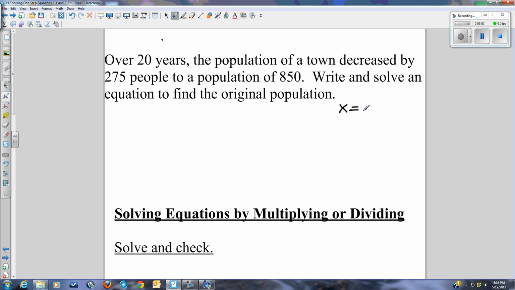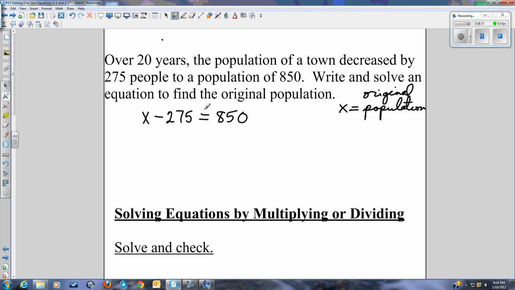So let's call that x. Now x, if the original population decreased by 275, that means we subtract 275, and that gave us a population of 850. So there's our equation.